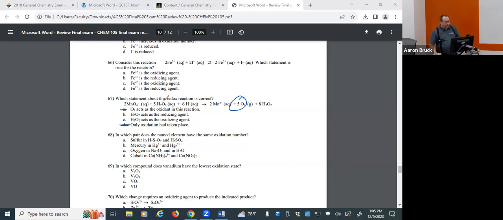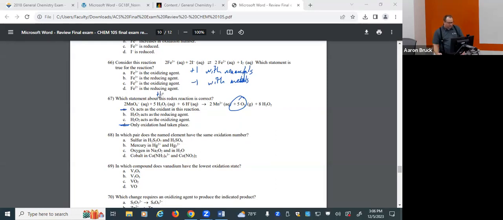So knowing what we know about hydrogen: hydrogen is +1 with nonmetals, -1 with metals, and 0 when it's by itself, which doesn't apply here.